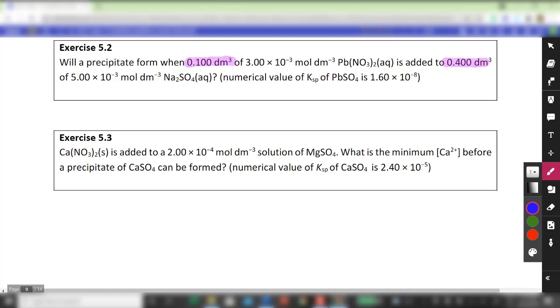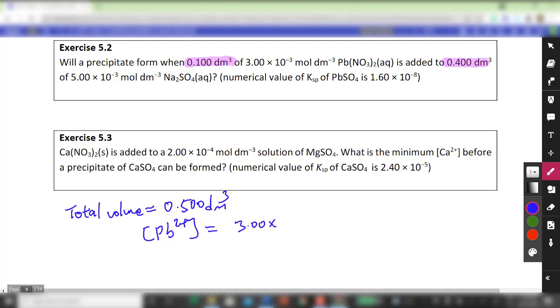The total volume is 0.500 dm cube. Then I'm going to calculate the concentration of lead 2+, not at equilibrium, but when I mix the two solutions together.